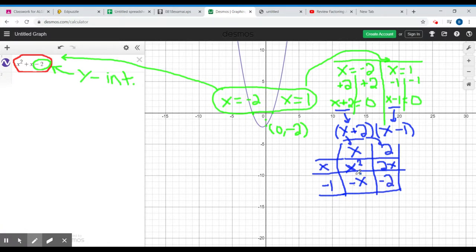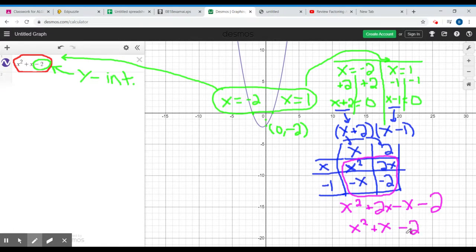Okay, so when I take everything out of the box and put it together, I get x squared plus 2x minus x minus 2. When I simplify, 2x minus x just gives me plus x.